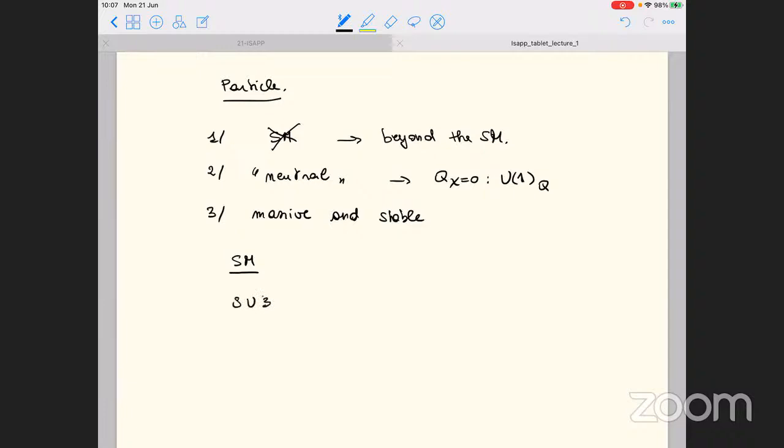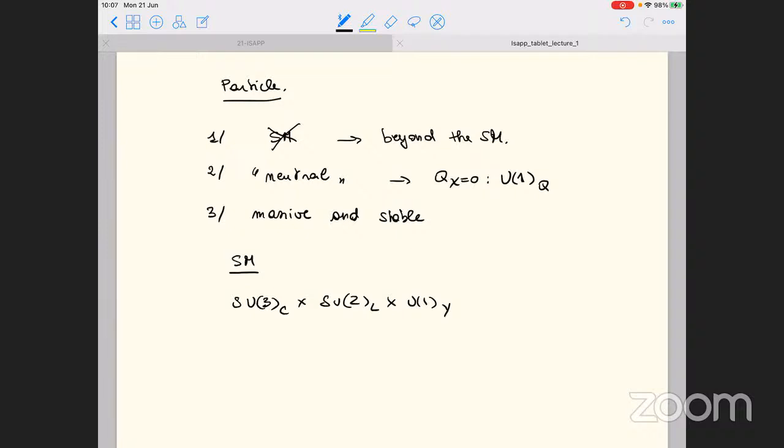You have SU3 color times SU2 left times U1 hypercharge. This is the standard model gauge group. SU3 color is for the strong interaction, and SU2 times U1 hypercharge is for the weak and electromagnetic interactions.